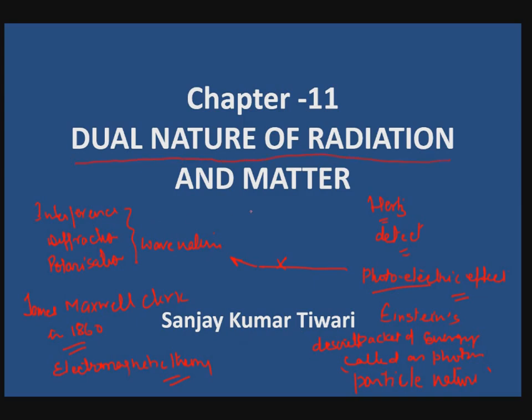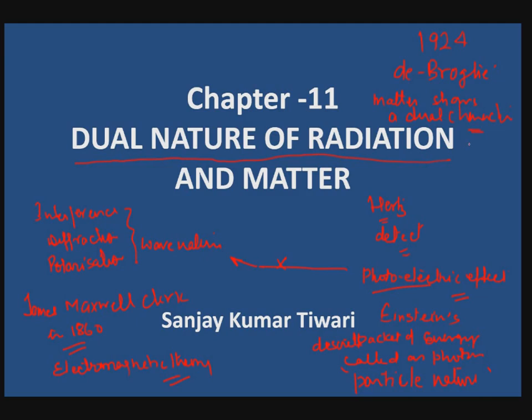So dual nature of radiation, and after that, in 1924, another French physicist, de Broglie, proposed a very revolutionary theory that just like radiation, matter also shows a dual character, a dual property.